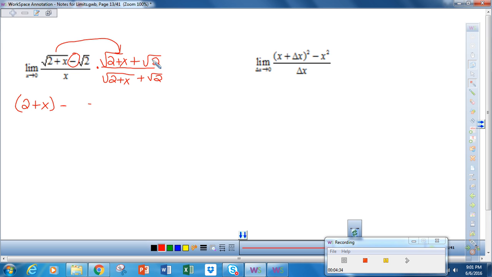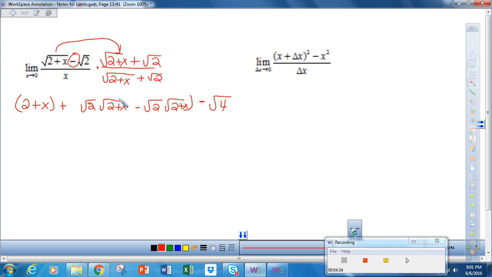Now, doing FOIL, we get radical 2 times 2 plus x, positive. And then when we multiply the negative radical 2, we get minus radical 2 times 2 plus x. And then radical 2 times radical 2, and it's going to be a negative, so that's going to be square root of 4.